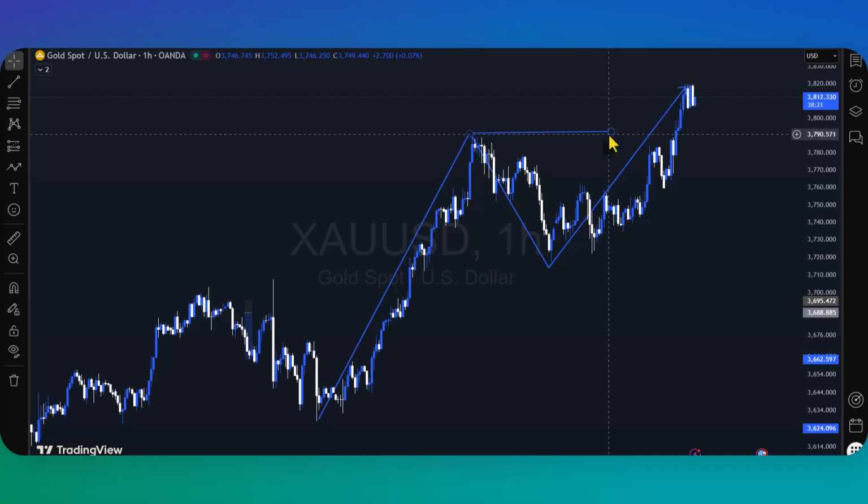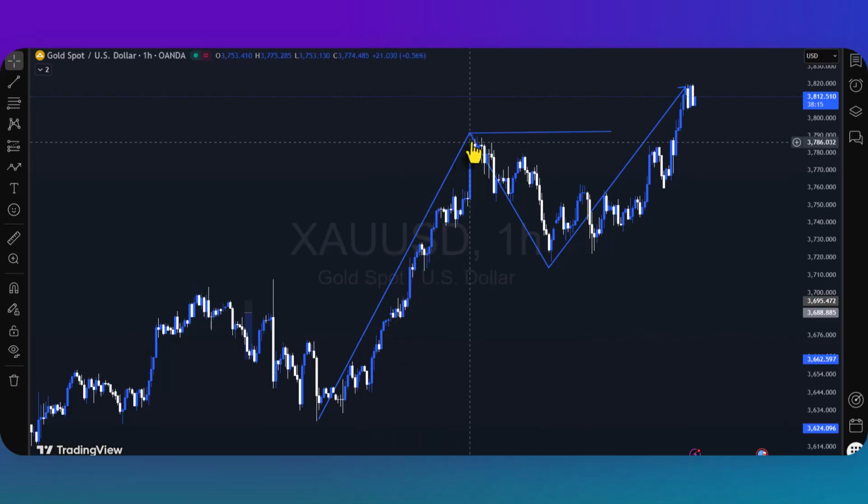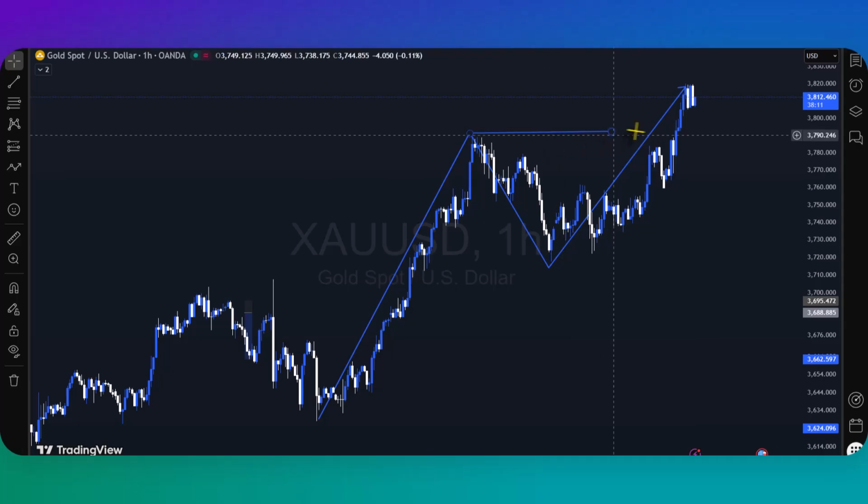So now, where is the support? Where is the resistance? Price went up, it broke, it came down, then it broke this level. Now, this is the resistance. This part that was broken is the resistance, and this part where it came to this level and went back up is the support level.